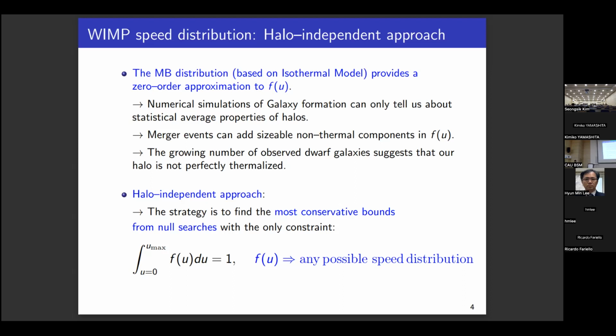Due to all these reasons, one needs a halo-independent approach. The strategy is to find the most conservative bounds on the WIMP-nucleon interaction from the null searches of the detector, with the only constraint that the local WIMP speed distribution is normalized to 1, where the WIMP speed distribution can have any profile.